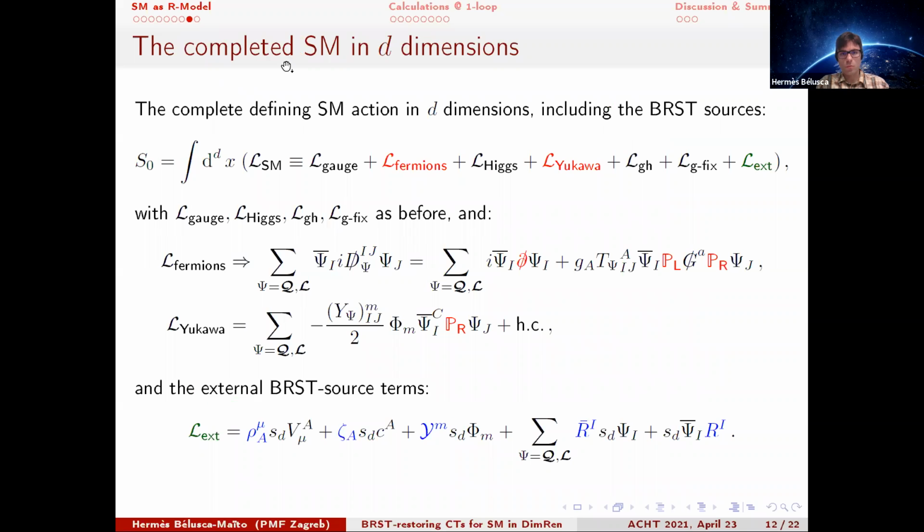So the complete standard model action at tree level will contain this fermion Lagrangian with a fully d-dimensional kinetic term, but a fully chiral projected interaction term. And we have also added the BRS source terms in the action in order to implement the Slavnov-Taylor identity approach.